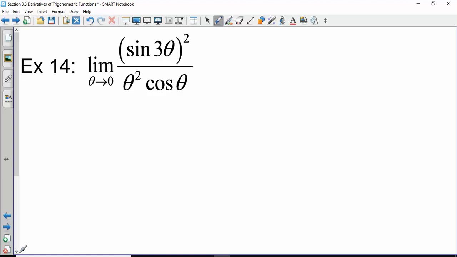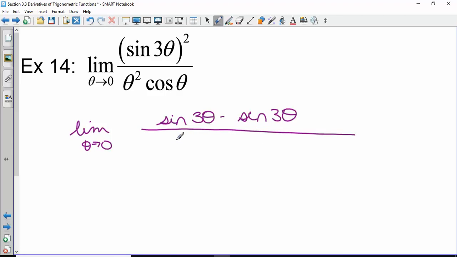So what would we do here? Sine 3 theta squared means you have sine 3 theta times sine of 3 theta. Theta squared means you have theta times theta, and you still have that cosine.